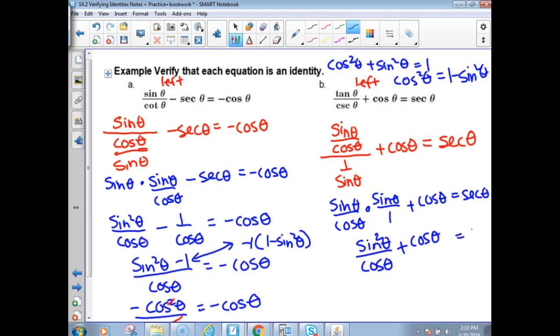Now, I can't add cosine theta to that because the denominators don't match. So let's show what we're going to do. I want to be able to add, so I need a common denominator. It would be cosine theta. So I'd have to multiply top and bottom here by cosine theta.